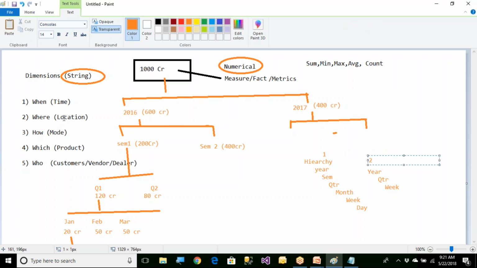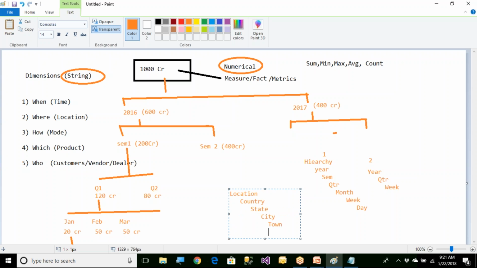For example, I take location. Location also has a hierarchy. The hierarchy could be a country, and within that a state, within that a city, and within that a town also. What is the lowest level here? The town level.